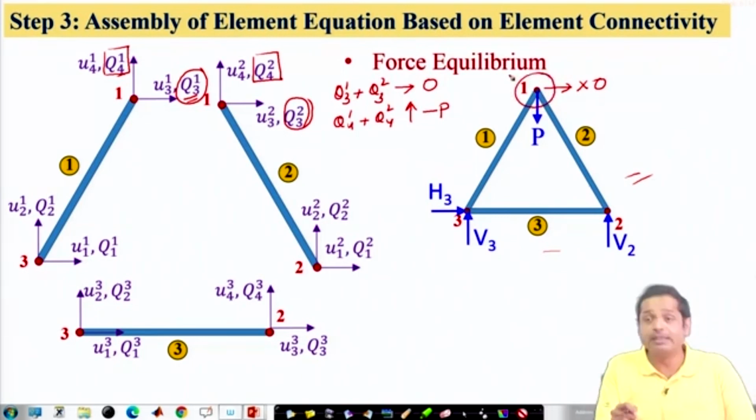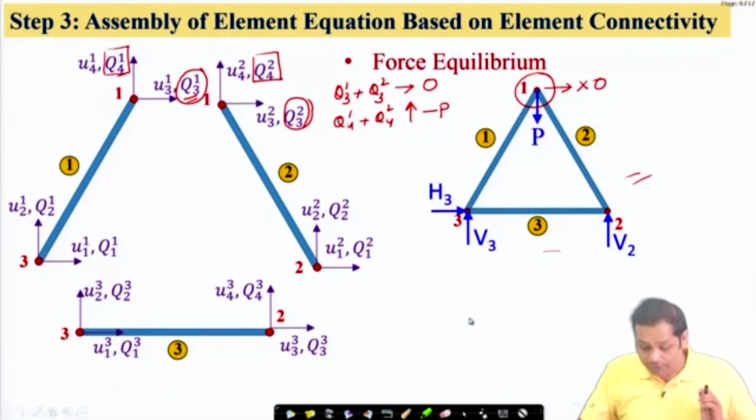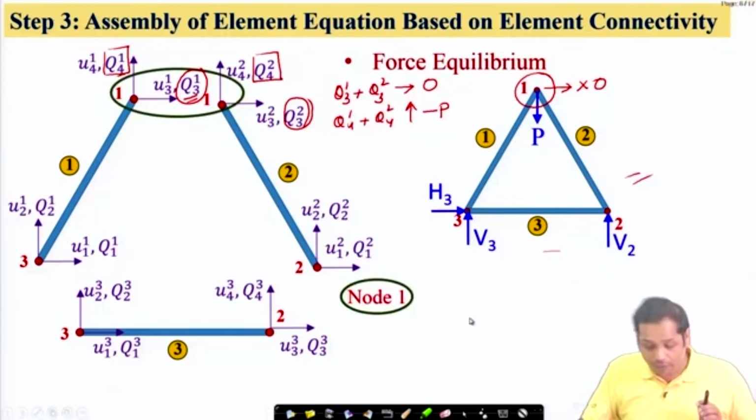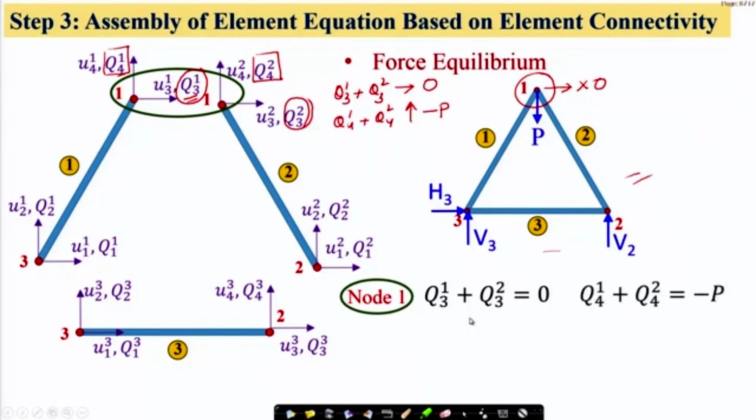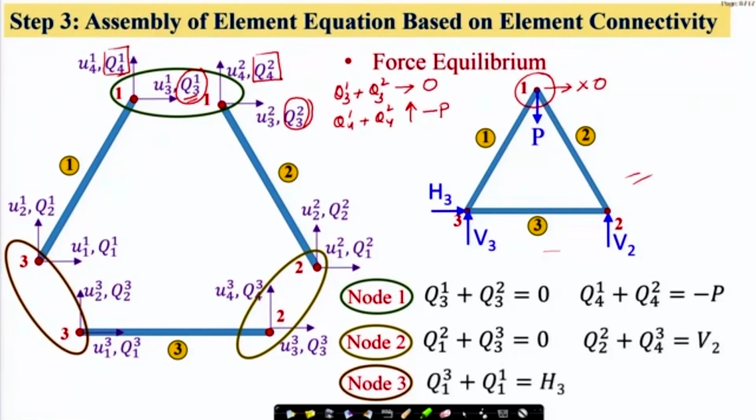Similar conditions need to be satisfied at node number 2 and node number 3. Let's write those equations. For node number 1, we have already written this as the first equation and this as the second equation. Similarly for node number 2, this is the first equation and this is the second equation. And for node number 3, this is the first equation and this is the second equation, right?